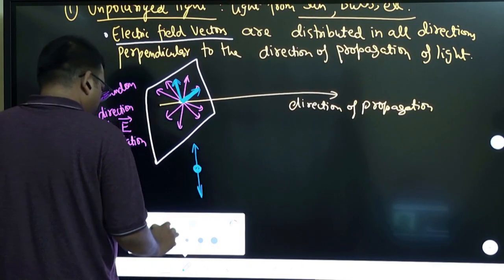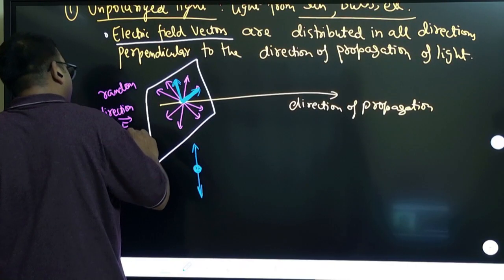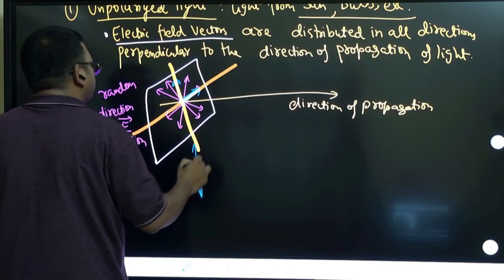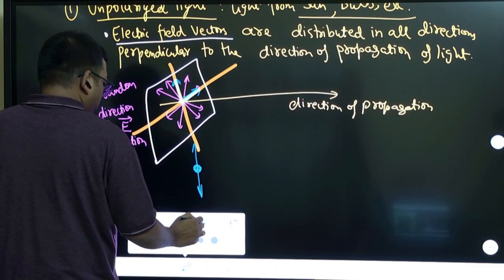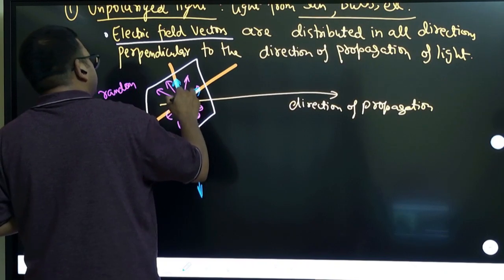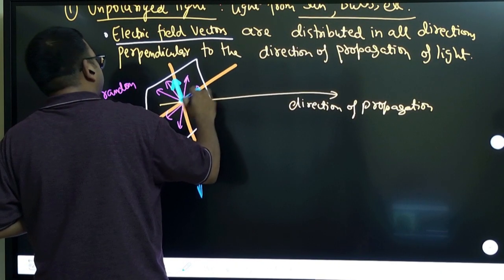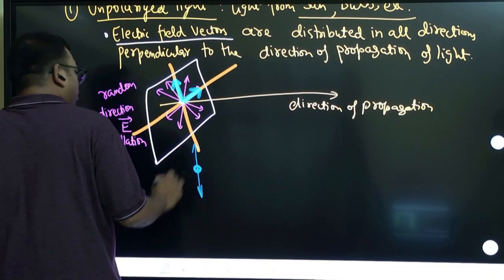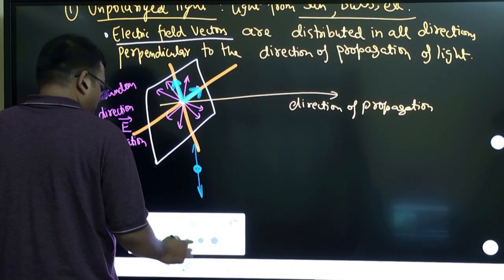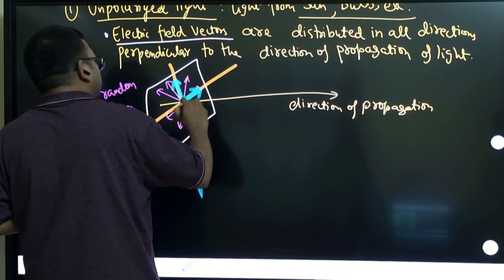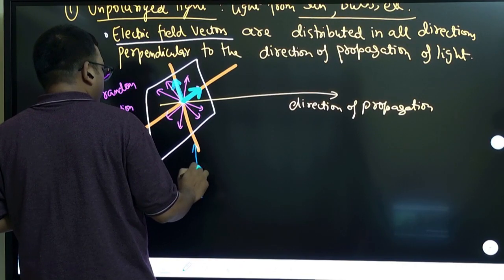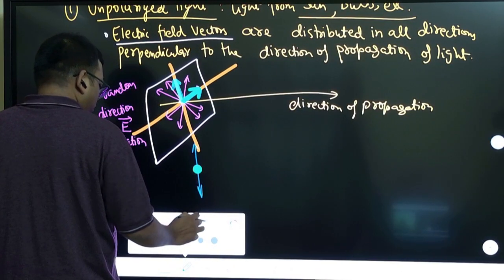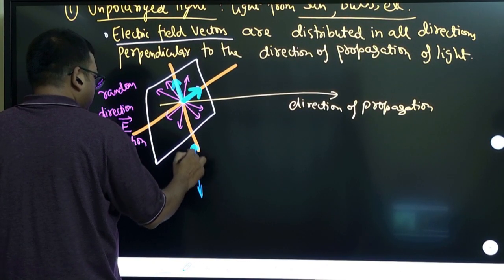So I am going to represent one as vertical and another as horizontal. If we are looking from this direction at these two perpendicular directions, one of them will look like a dot. Let us represent one of them as green. Green will look like a dot, and this blue color you can represent like this line.